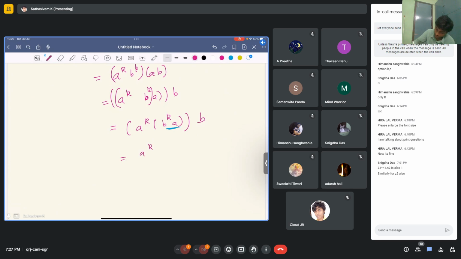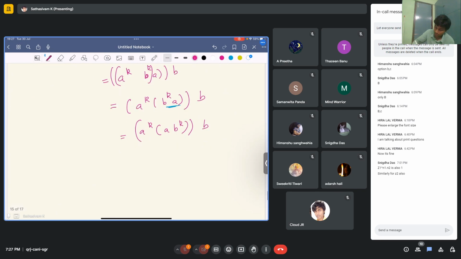So this is a^k, a, b^k, b. Now again use the associativity: a^k, a, b^k, b. At this point you might know what to do. Just combine these two and use the associativity again, you'll get this.